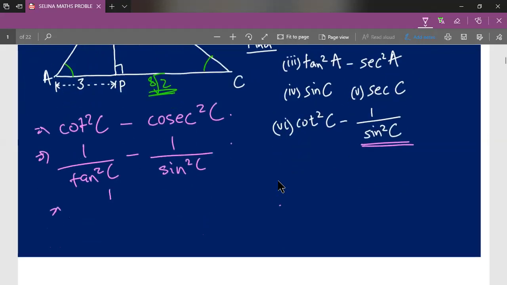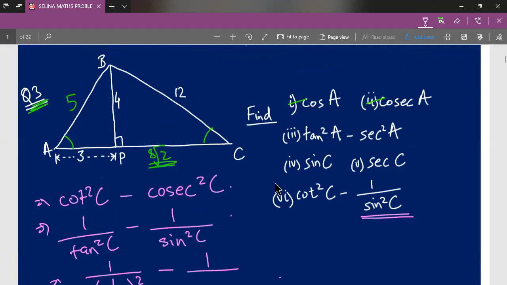Therefore our tan square C will be 1 upon 2 root 2 whole square, minus 1 upon sine square C. So all we have to do is find sine C first, with respect to the angle C. We shall find sine C.